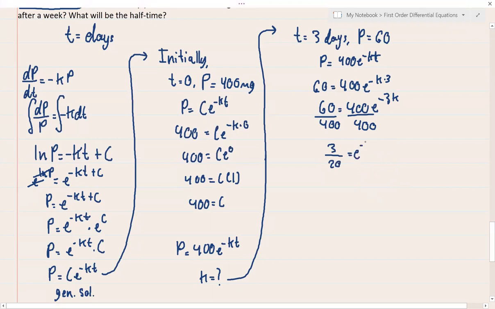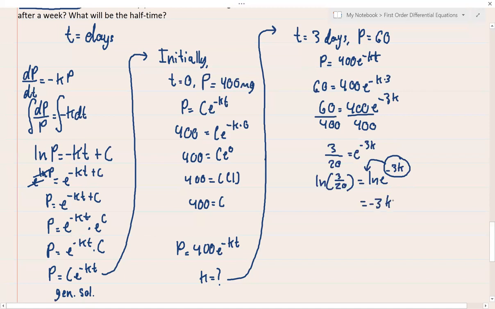Ngayon, we have e raised to negative 3k. Hanapin na natin si k. We will use ln. So, we have ln of 3 all over 20, sorry, is equal to ln of e raised to negative 3k. Ibaba ko si negative 3k dito by the application of the power law of logarithm.